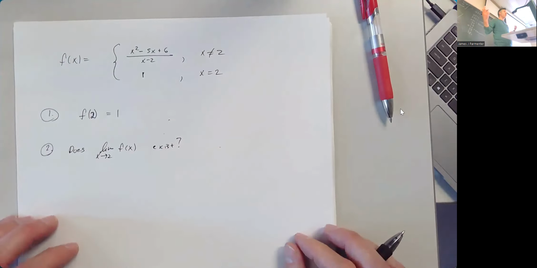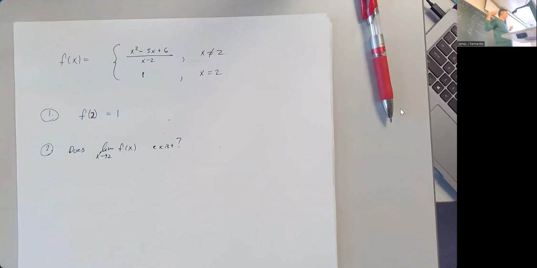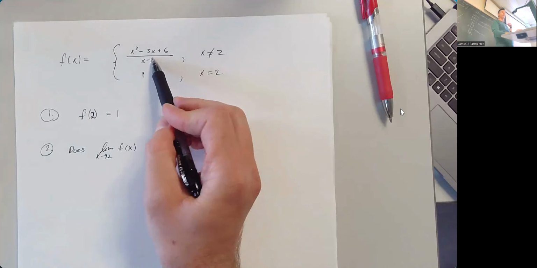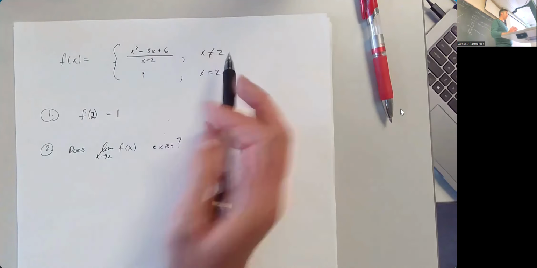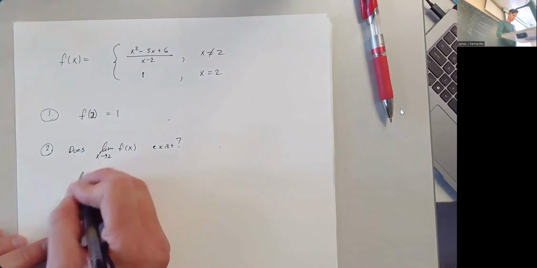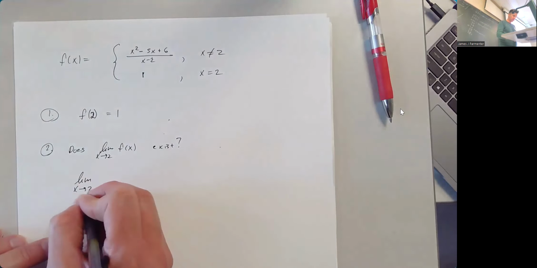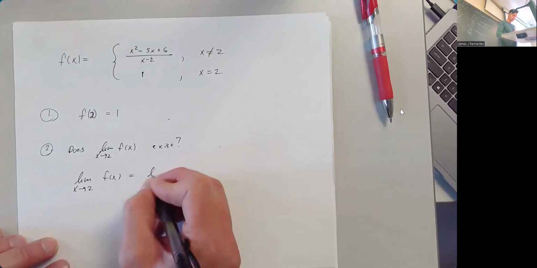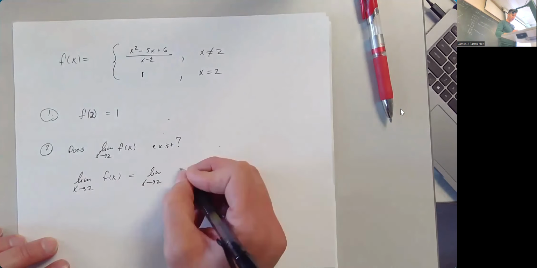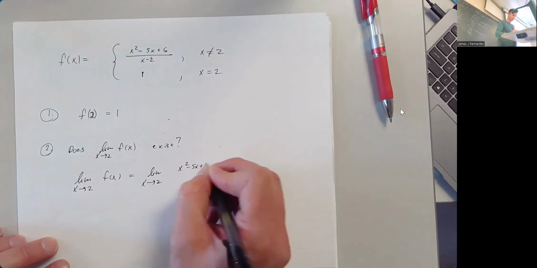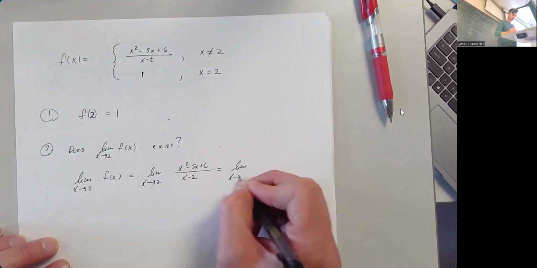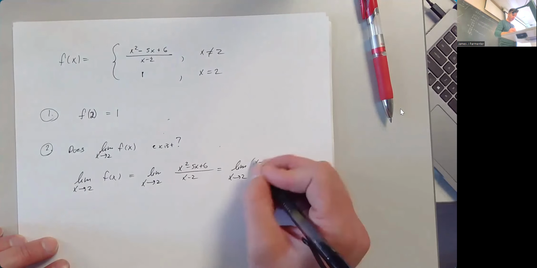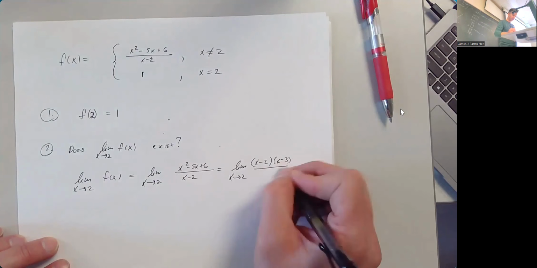In this case, we actually don't need the separate one-sided limits because the function is defined to be this thing on the right of 2 and on the left of 2, since it's defined to be this when x is not equal to 2. So the limit as x approaches 2 of f of x is the limit as x approaches 2 of x squared minus 5x plus 6 over x minus 2, which is the limit as x approaches 2 of x minus 2 times x minus 3 over x minus 2.